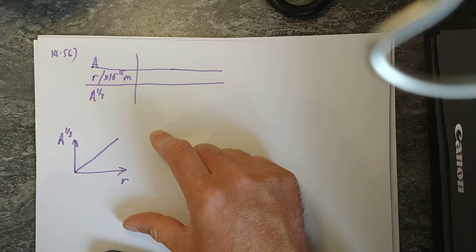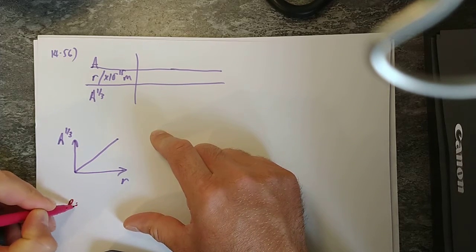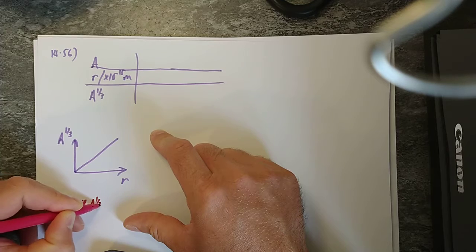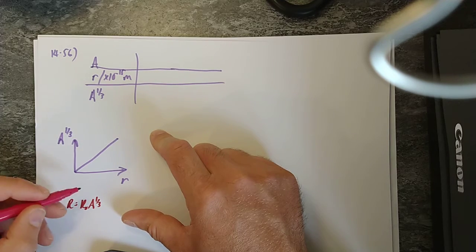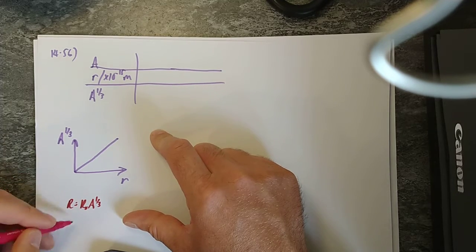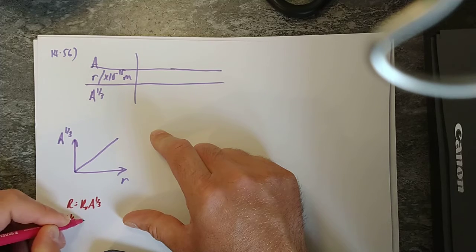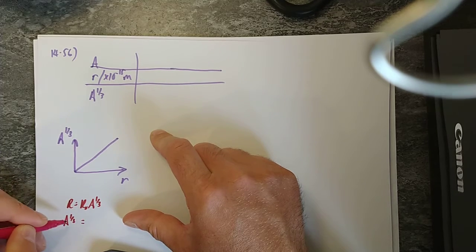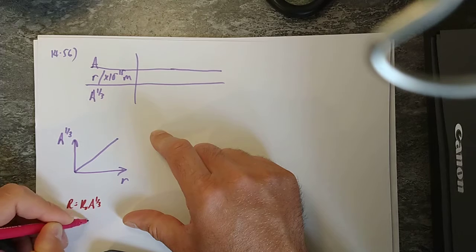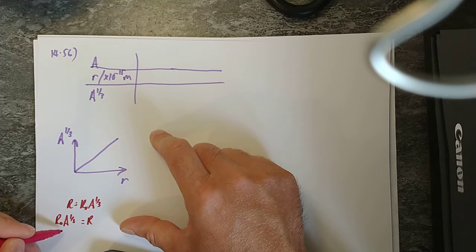Now if we go back to our original equation, R equals R naught A to the power of a third, you can see that we plotted this on our y-axis, so we want that on the left hand side, and R, and then we want to get what we're plotting on our y-axis on its own.